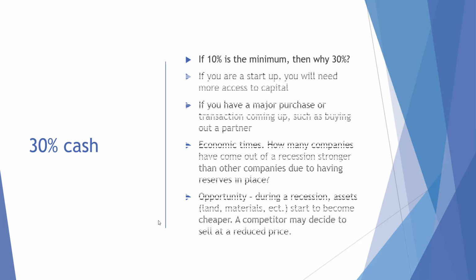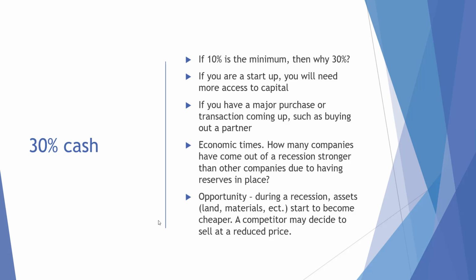Now, 30% cash. If 10% is the minimum, then why 30%? Well, if you start up, you're going to need more access to capital. When you first start up, if you're competing against somebody who's been established, they've already been able to buy all their equipment, their assembly line, all the supplies, all the inventory. If you're starting up, you need to have access to that capital.